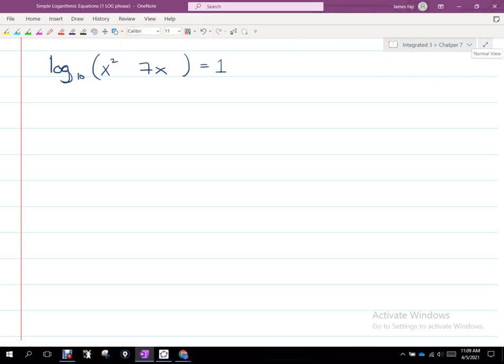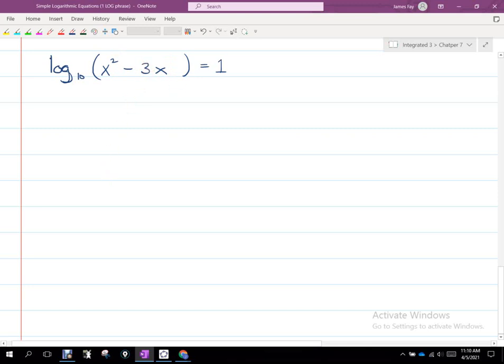Give me a moment, I'm trying to think ahead here with making these a little bit simpler. Let's make this actually negative 3x here. So log base 10.